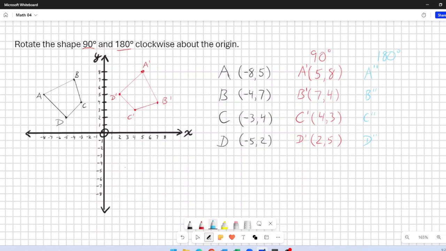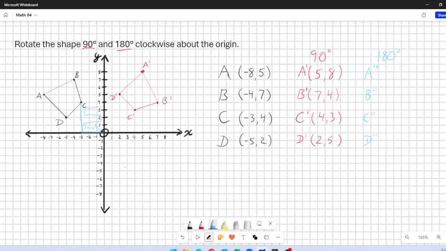So in order to do that, we can look at where C is. C we know is at negative 3 and 4. So negative 3 and 4, that's where C is. We can say that it covers these 12 squares here. 3 times 4 is 12, looking at its coordinates.